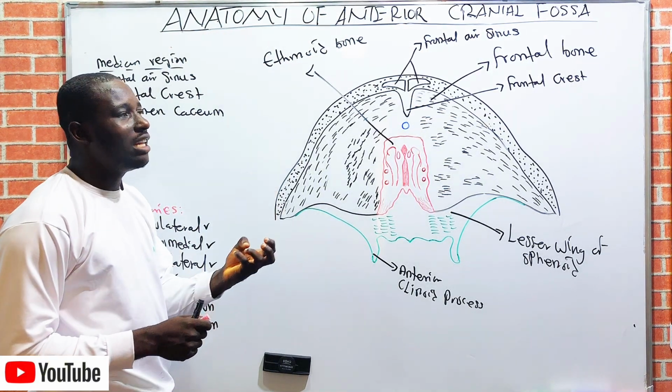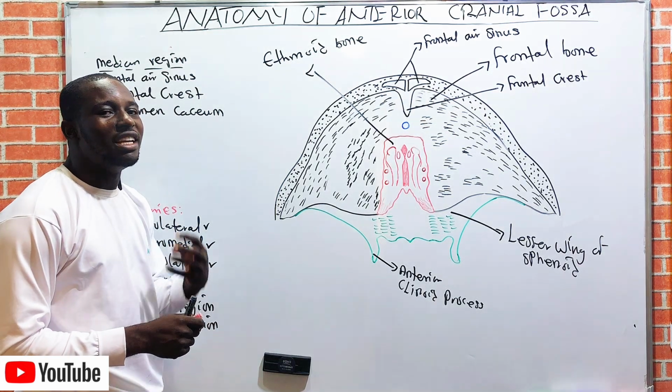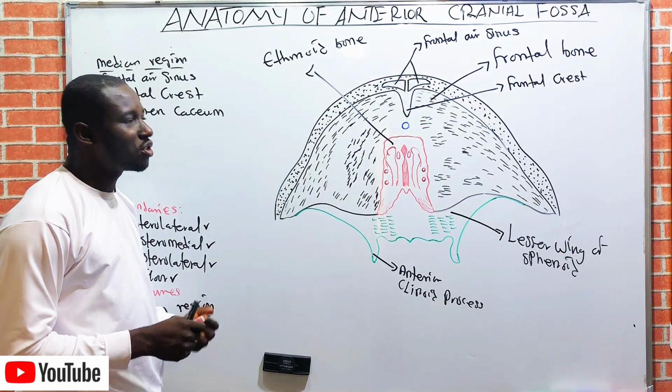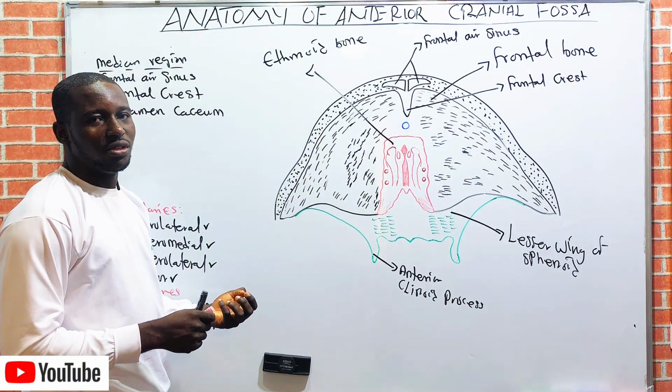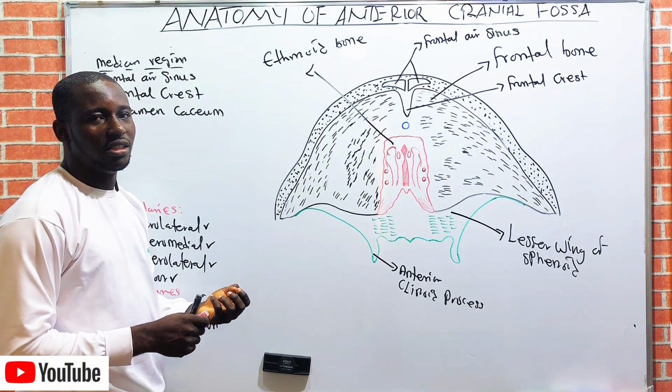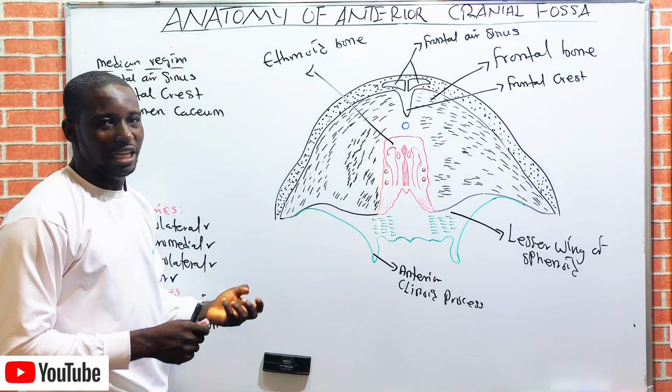So it provides a passageway for the emissary vein, and that has clinical anatomy, because fracture of the anterior cranial fossa could lead to damage of the emissary vein.